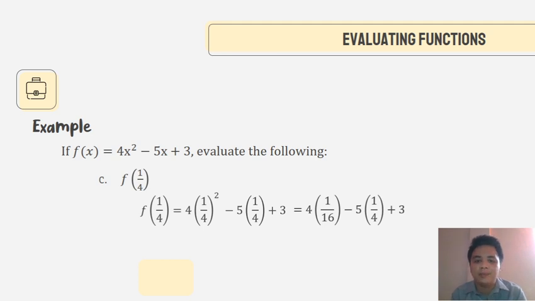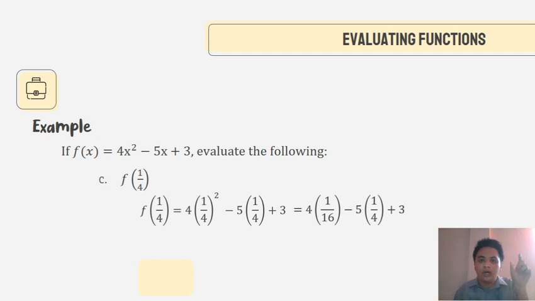So, multiply natin. Now, paano mag-multiply ng whole number tsaka ng fraction? So, simple lang. Yung whole number, i-multiply mo lang doon sa numerator ng kanyang katabing operation.